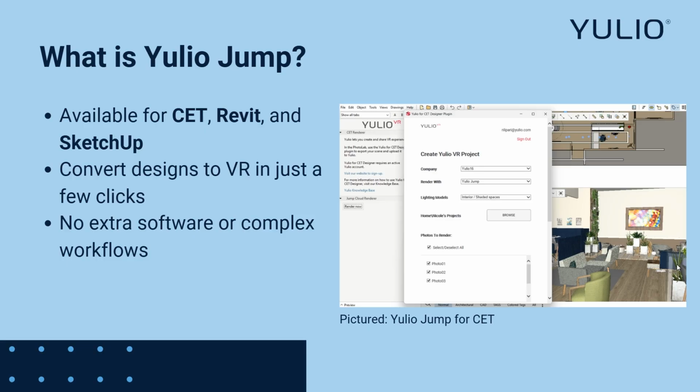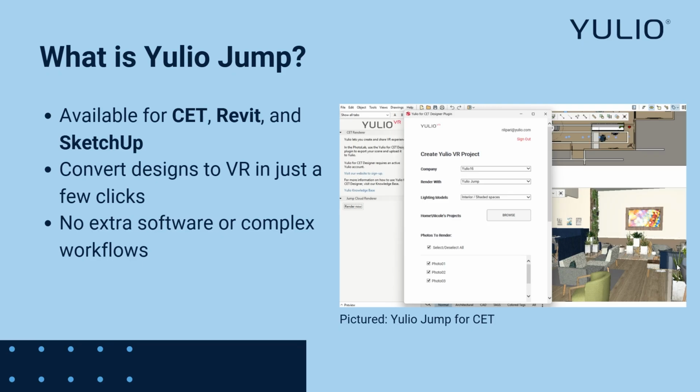So to start off, I'm going to briefly go over Yulio Jump. If you don't know, Yulio Jump is our cloud-based rendering engine, which is available through the Yulio plugin for Revit, SketchUp, and CET. The plugin is free to install and use for anyone with an active Yulio license.